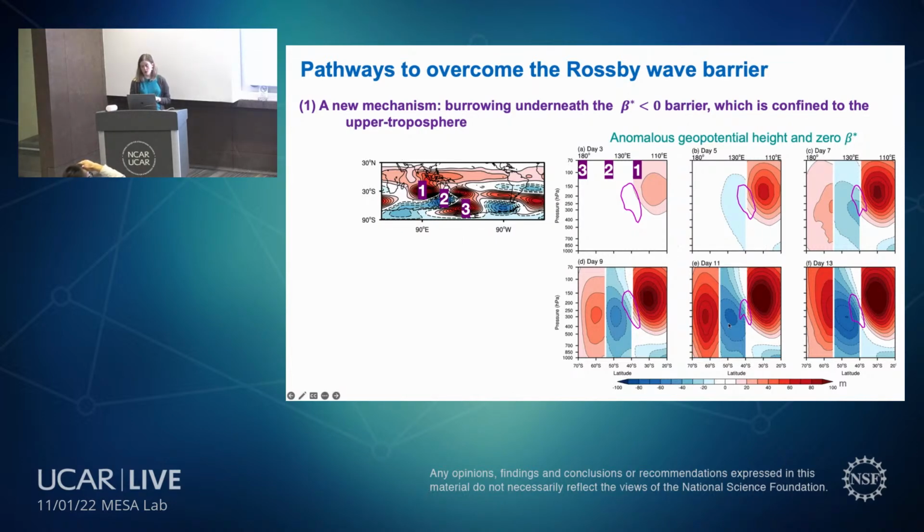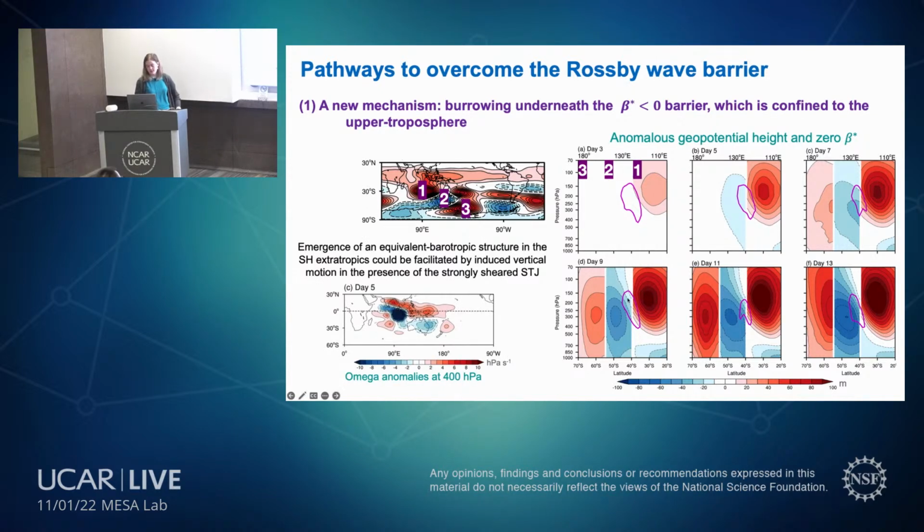Whereas when we look on the poleward flank of this region of negative beta star, the centres of these anomalies are shifted towards lower levels in the atmosphere, indicating that this wave train is able to propagate freely and largely below this region of negative beta star.